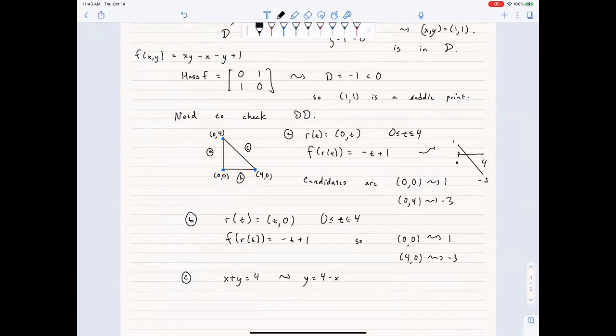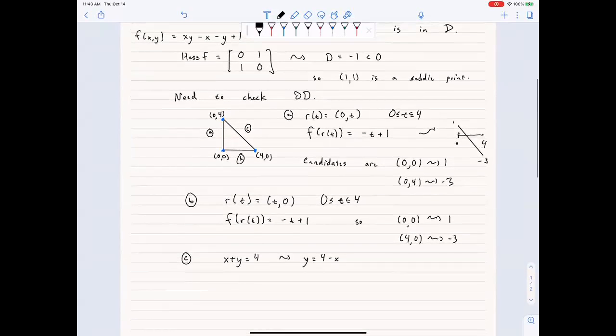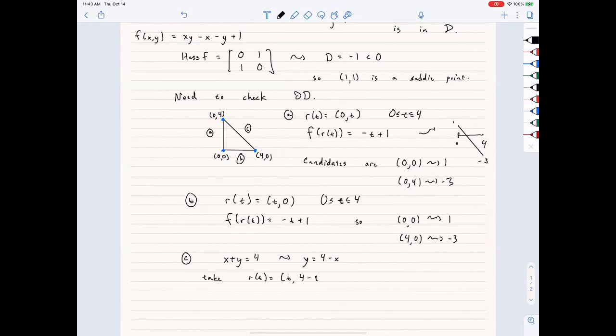Here x goes from 0 to 4, and you can parametrize this just with this equation. So take r of t just equaling (t, 4 minus t). Here you're taking t for x, and then you have this equation y equals 4 minus x, so you take 4 minus t for y.